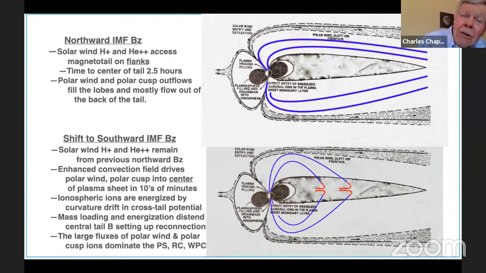You're going to have lower energy ones, and many of those particles will go back up into the plasma sheet, although several of those particles will not go back up into the plasma sheet, but will go into the opposite hemisphere. It just depends on the pitch angle that they leave the ionosphere with as to whether they go back out into the tail or whether they just go to the conjugate hemisphere and precipitate.